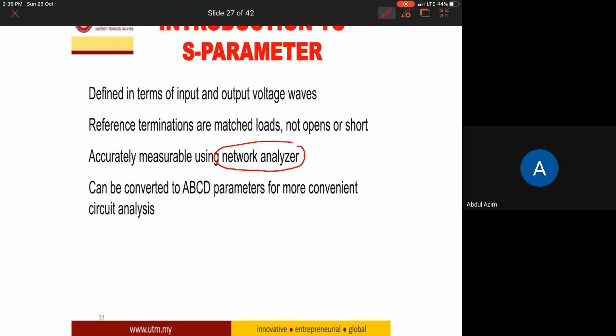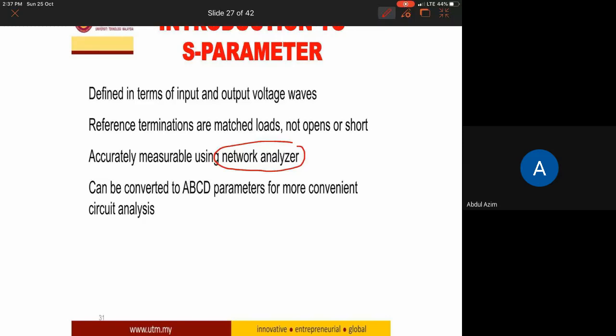Perhaps COVID will be gone, so I can bring you to WCC, Wireless Communication Center, to see all the equipment. The equipment is not cheap in order to analyze the S parameter. But you are able to use the Smith chart, online Smith chart or whatever, even from your home. The network analyzer equipment is just to analyze the prototype.